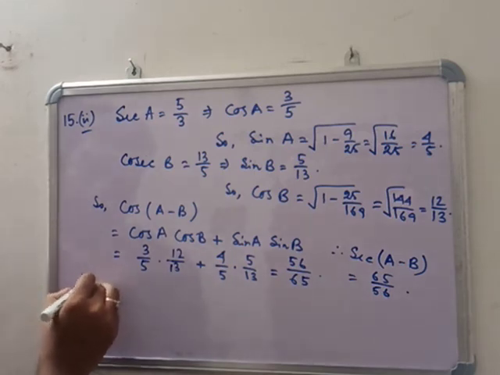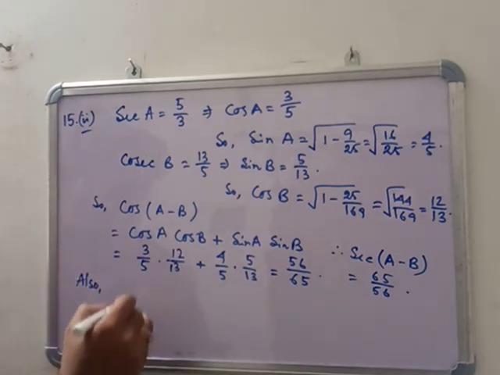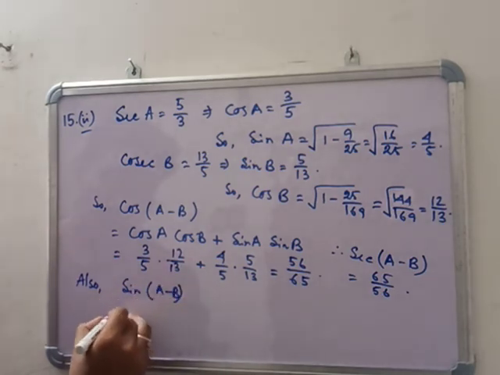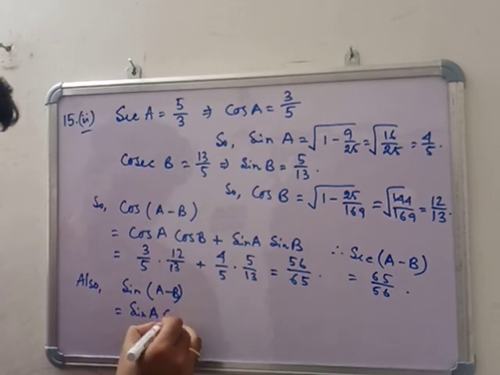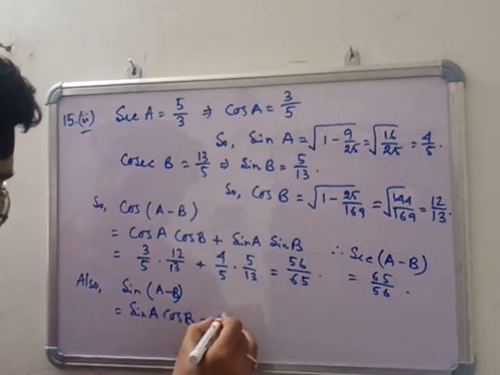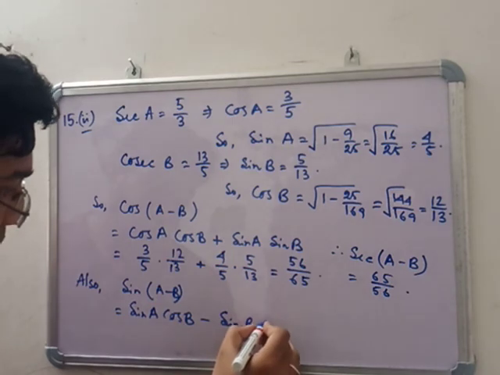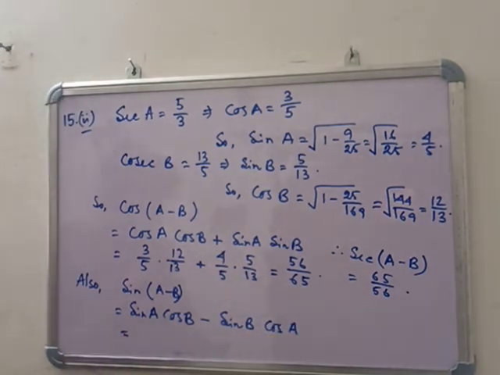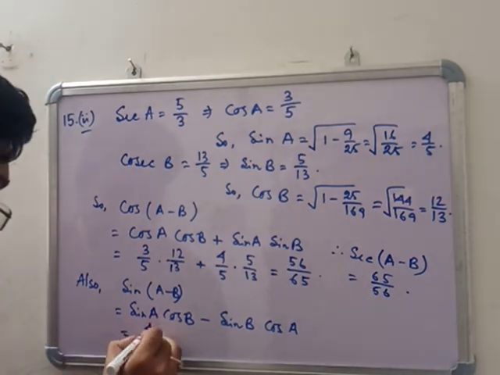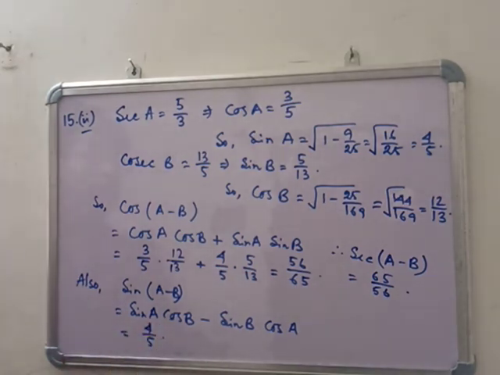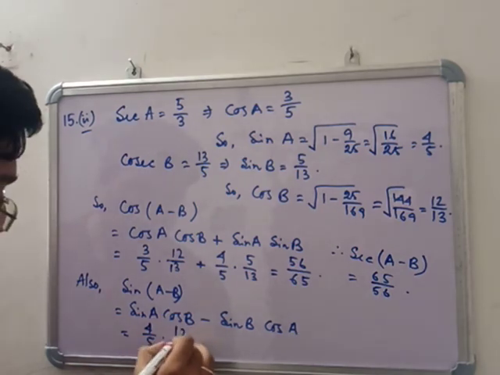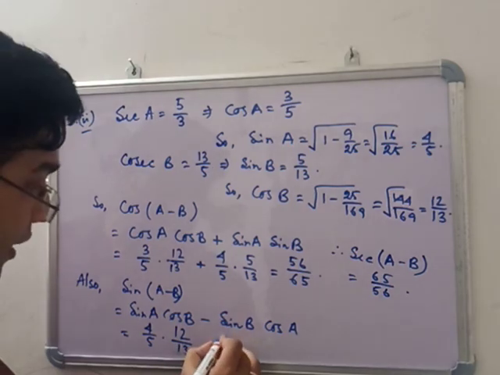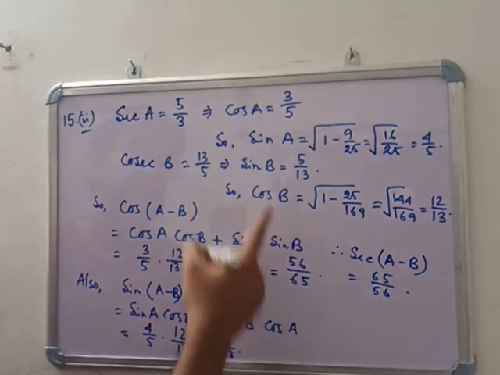Also, we are finding the cosec A minus B, that means sin of A minus B equals sin A cos B minus sin B cos A. So that means 4 by 5 into 12 by 13 minus 5 by 13 into 3 by 5.